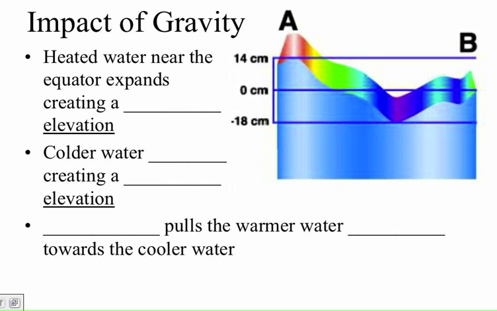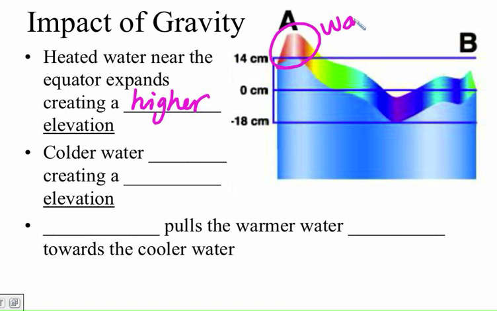Impact of gravity is an interesting thing to think about. The ocean isn't perfectly flat. There are pockets of the ocean where the water is heated and therefore expands, making a higher elevation in the ocean water. Okay, so we can see here on our graph that the highest part of the ocean surface is in fact that warm red color.